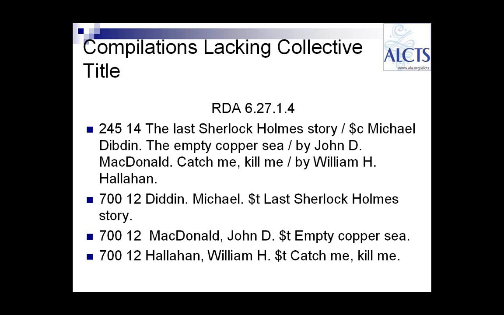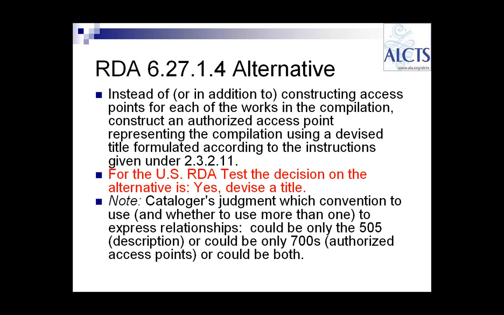There's an alternative to this, and the alternative is to, instead of or in addition to constructing access points for each of the works in the compilation, construct an authorized access point representing the compilation using a devised title formulated according to the instructions in RDA 2.3.2.11. Okay.